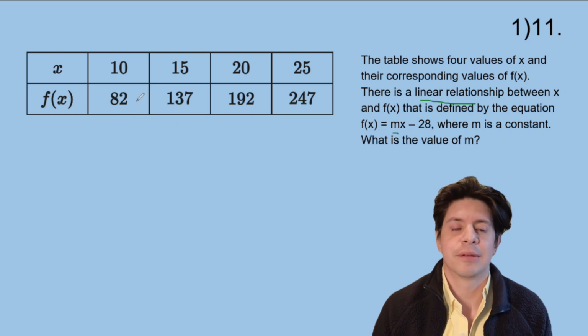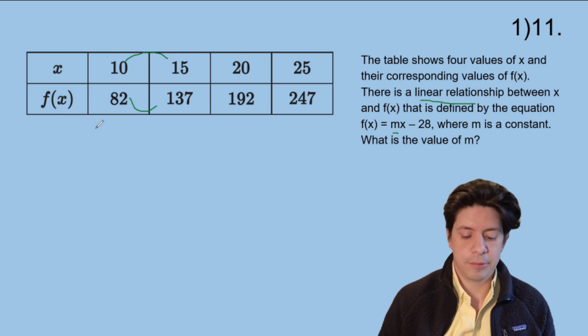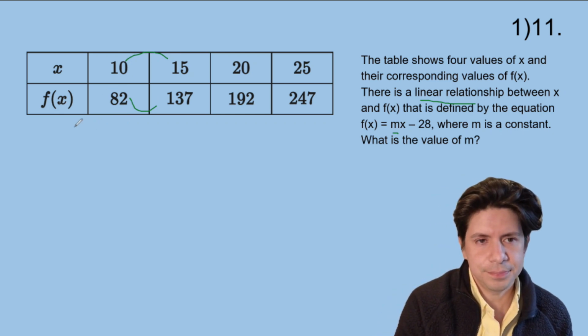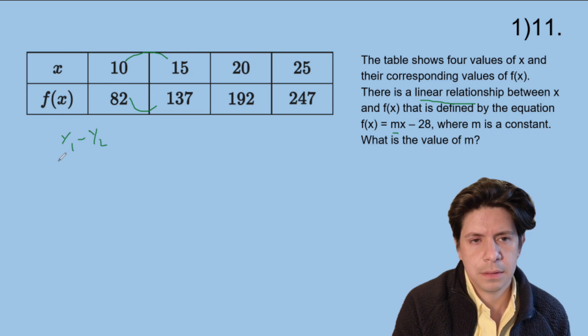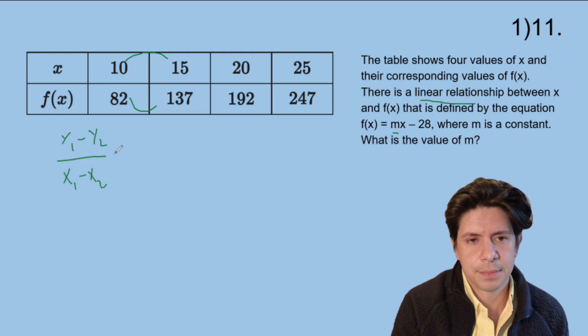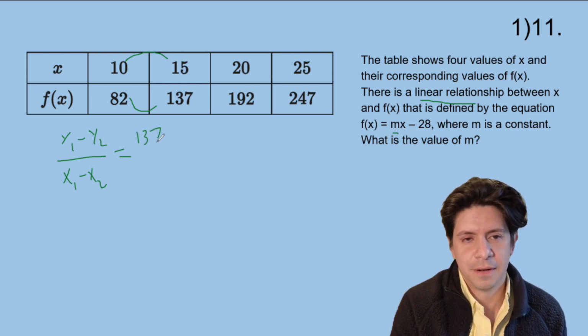The way we do that, right, is we do 2 points. So we're going to do y1 minus y2 over x1 minus x2 equals 137 minus 82.